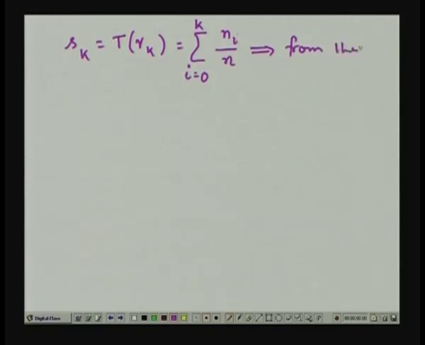Again as before, we can find s_k, which is equal to T(r_k), which is equal to the sum of n_i by n, where i varies from 0 to k, and this we obtain from the given input image.